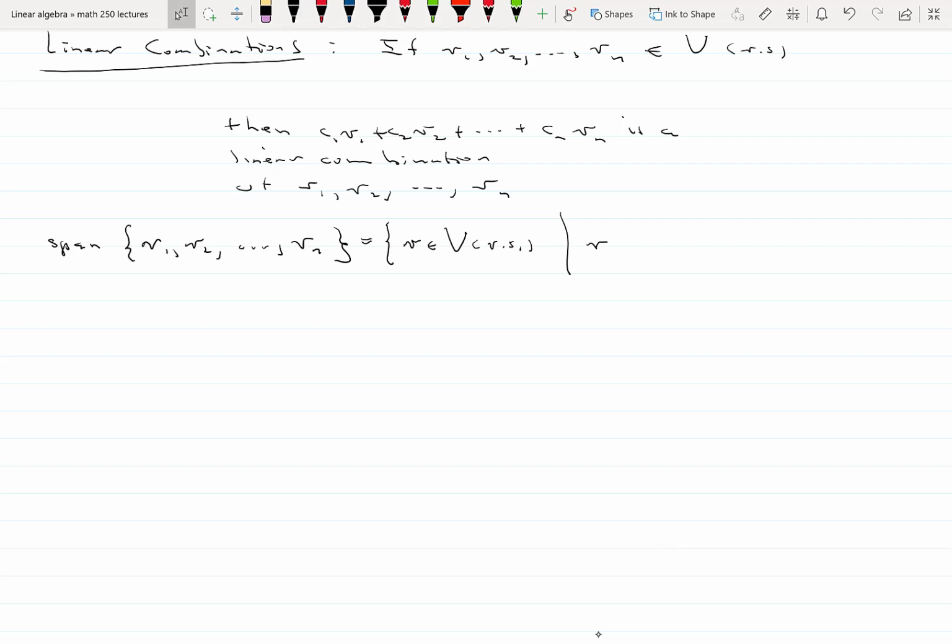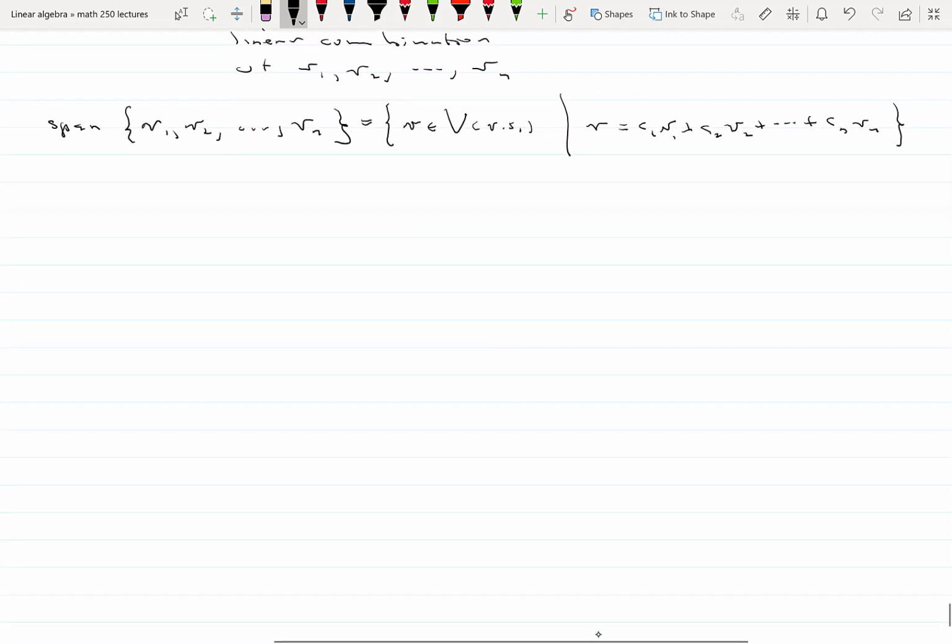So it's the set of all vectors from the vector space that can be written as some linear combination of the vectors v1 to vn. We also determined that the span of v1, v2, all the way up to vn, is a subspace of the vector space V.